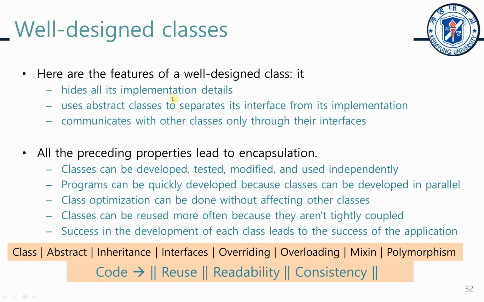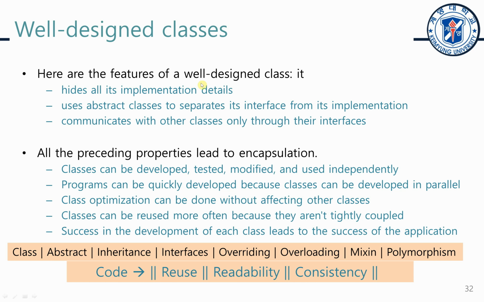So a well-designed class has to hide the implementation details. It uses an abstract class to separate its interface from its implementation. That means it has to have some abstract class in order to make more consistent programming.